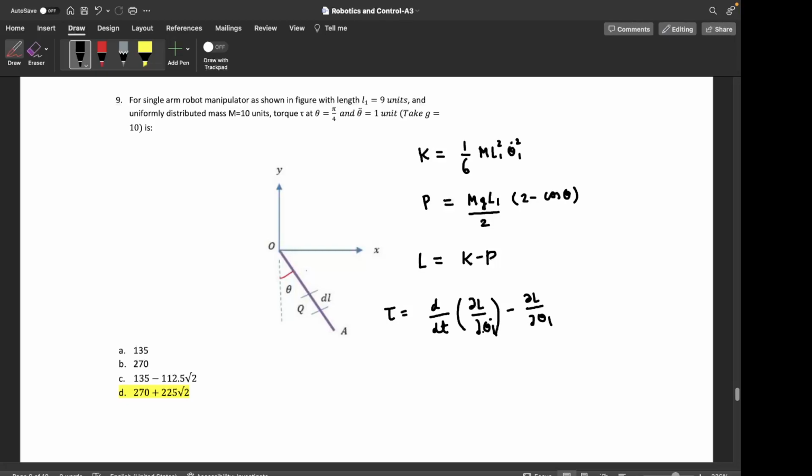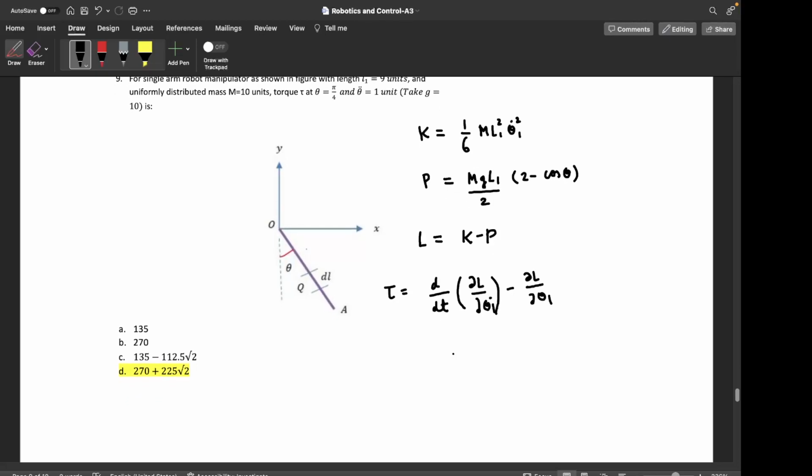This is how we find the equation of motion from the Lagrangian, right? So once you do all these computations, which once again I'm mentioning that it's there in the lectures, you get the expression for the torque basically.